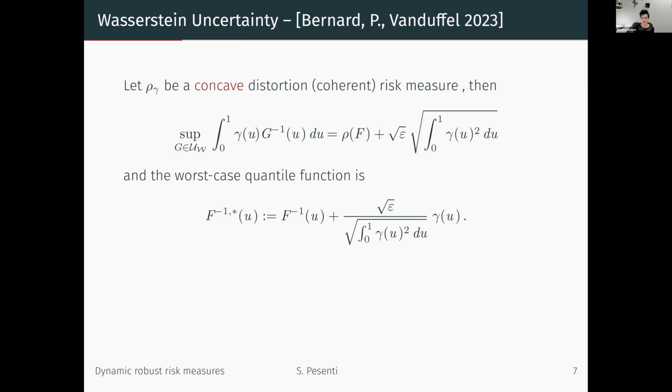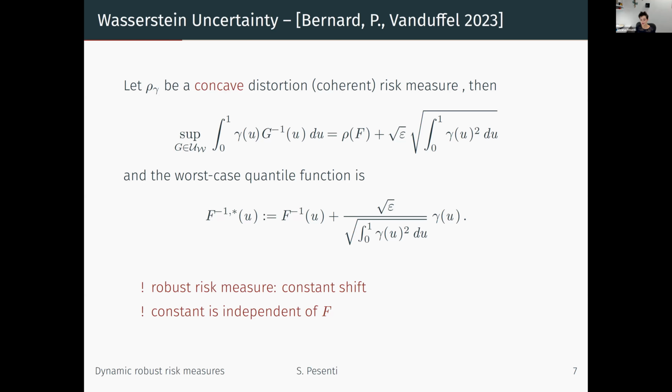So this is all nice, but again, there are a few caveats. If you look at the form of the worst case risk measure, what we have is the risk measure plus a constant. And this constant does not depend on the reference distribution. It only depends on the choice of risk measure.